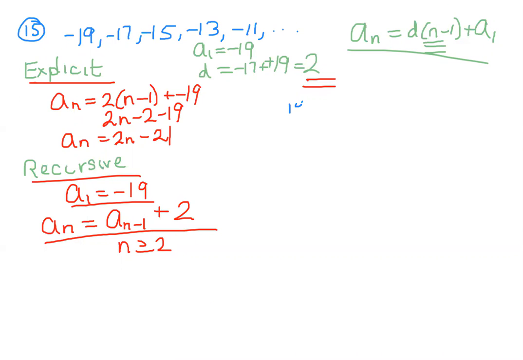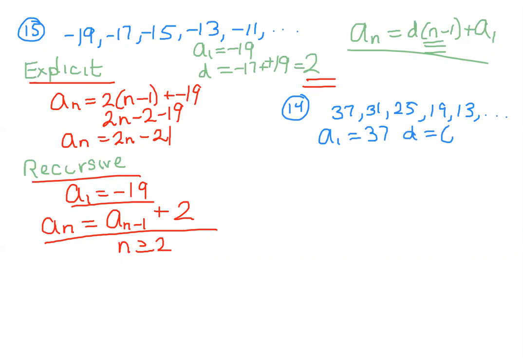So let's look at number 14. We got 37, 31, 25, 19, 13. Okay, A1 equals 37, D equals negative 6, I'm sorry, negative 6.